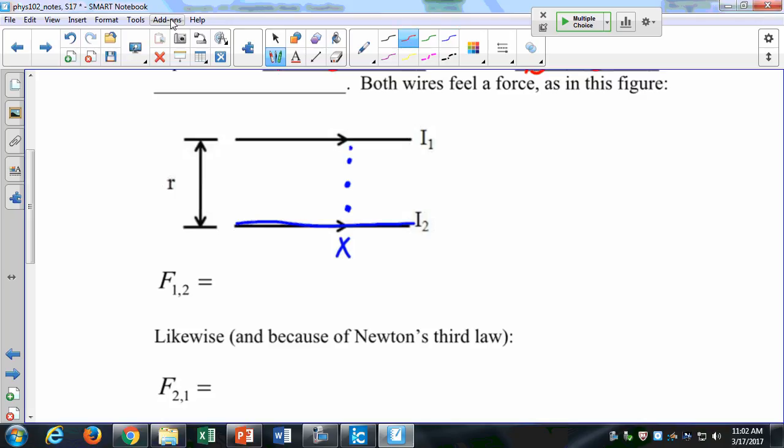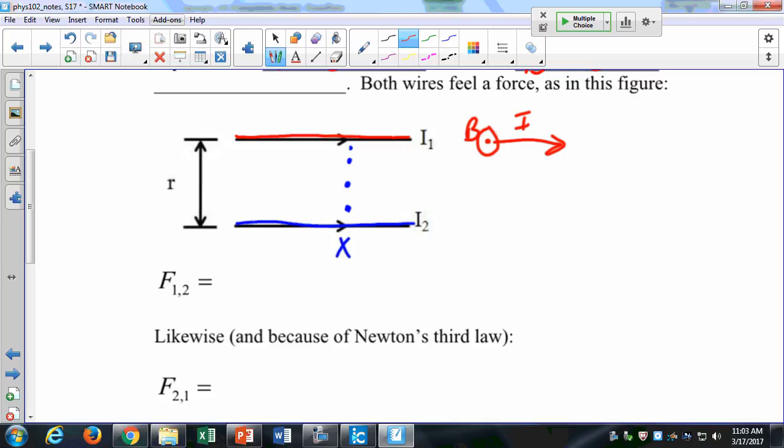Now if I think about the force on this wire, I have I in this direction, and my magnetic field is out of the page. Going back to our first iteration of the right-hand rule, B is out of the page, and so that tells me that the force on this wire is acting down.